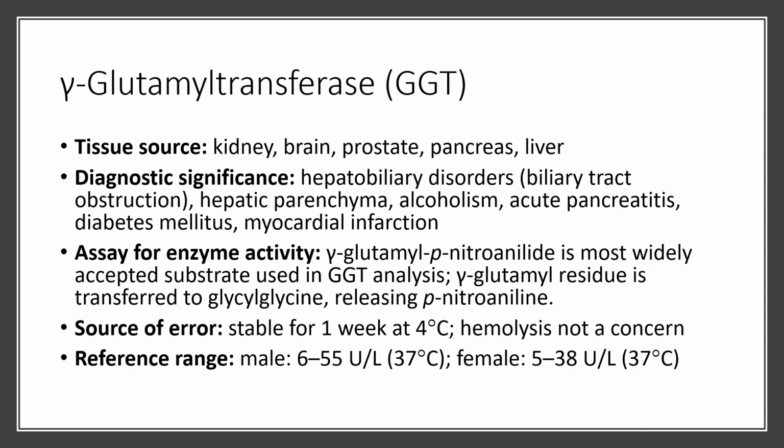Now, how about gamma glutamyl transferase? Brain, kidney, prostate, pancreas, liver. Pero sa lahat ng yan, pinaka-common siya saan? Sa liver. Kaya pronounced elevation of our gamma glutamyl transferase is seen in excessive alcoholism.